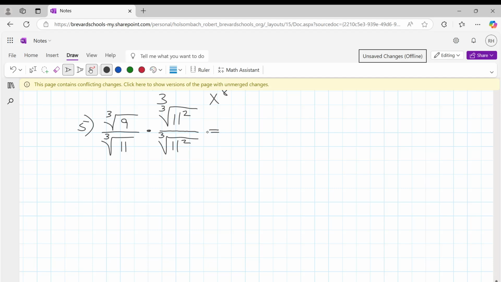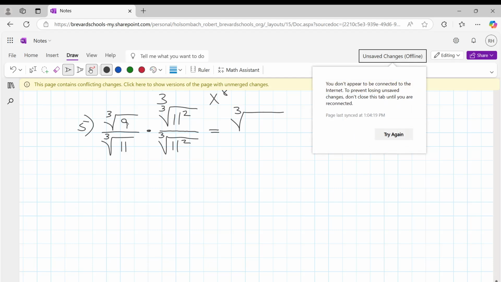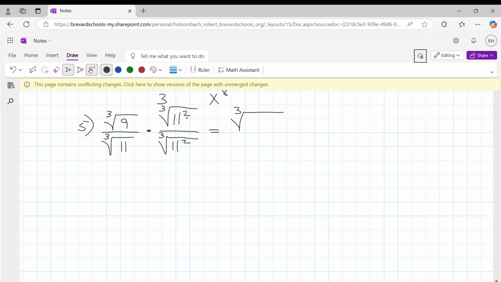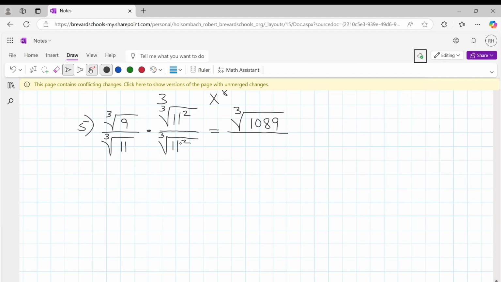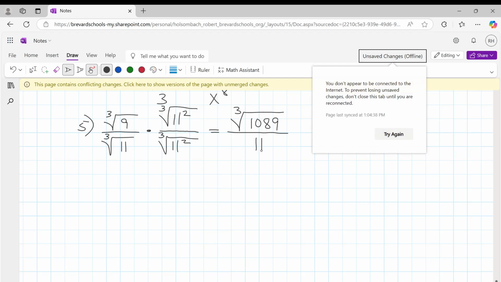So now, in the numerator, we get the third root of 9 times 11 squared, which is 1,089. In the denominator, we get the third root of 11 to the third, which is 11.